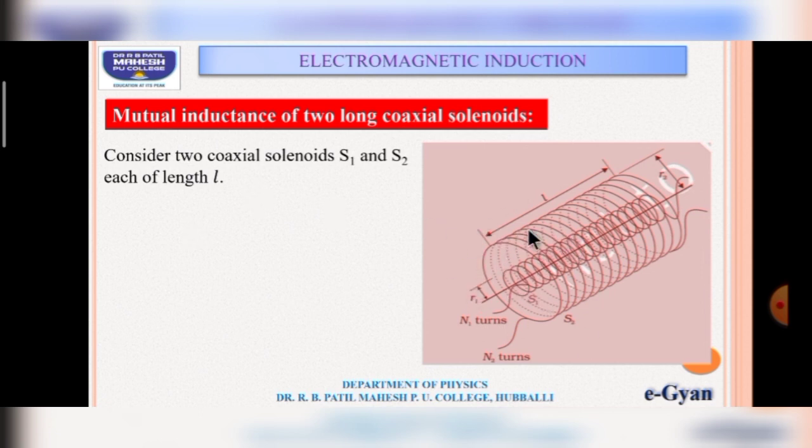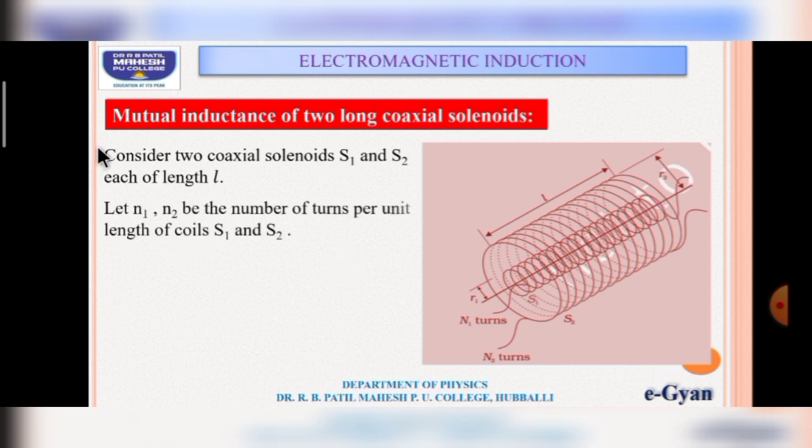They are arranged coaxially and the length of each coil is L. Let small n1 and n2 be the number of turns per unit length of coils S1 and S2. Let R1 and R2 be the radii of coils S1 and S2. Here R1 is the radius of S1 and R2 is the radius of S2.